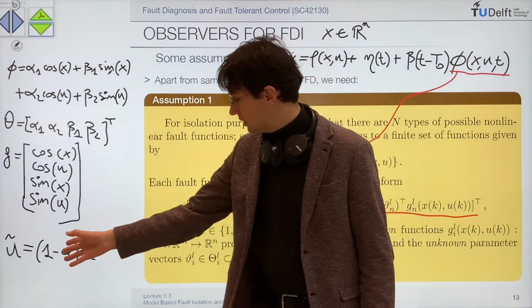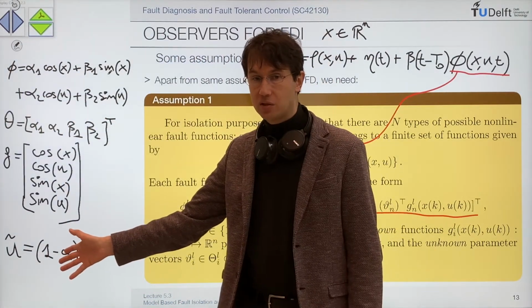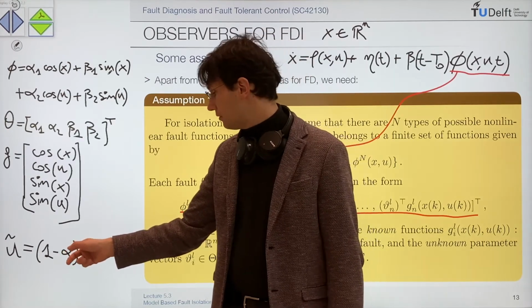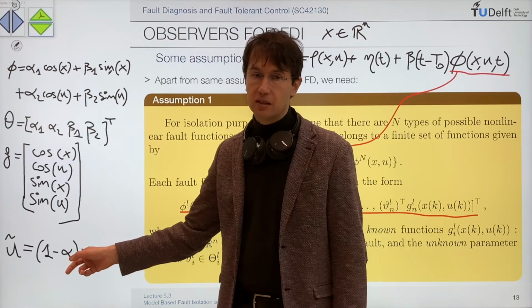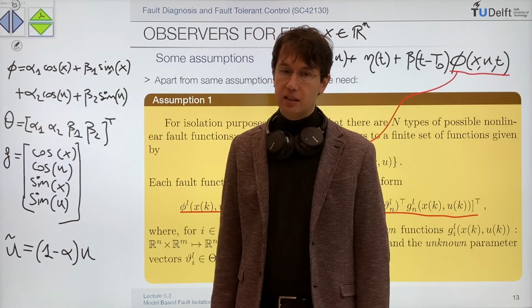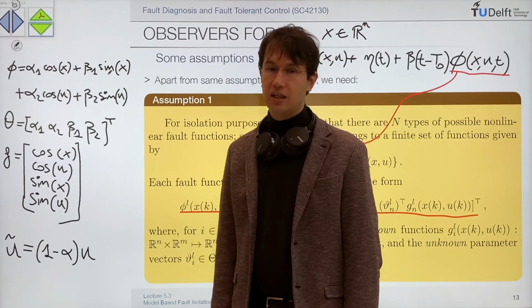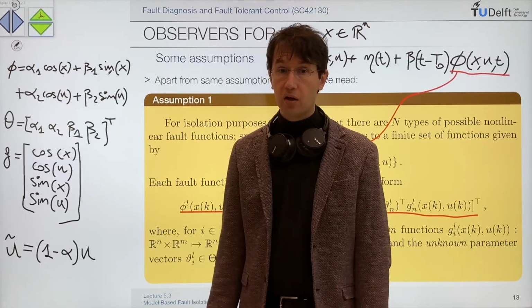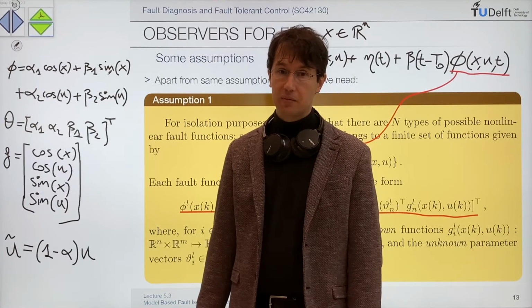Okay, this is modeling a reduction in the effectiveness of the actuator. So alpha can be between 0 and 1. There is no reason to model alpha being bigger than that, because a fault is not making your actuator more powerful. It is only going to make your actuator less powerful.